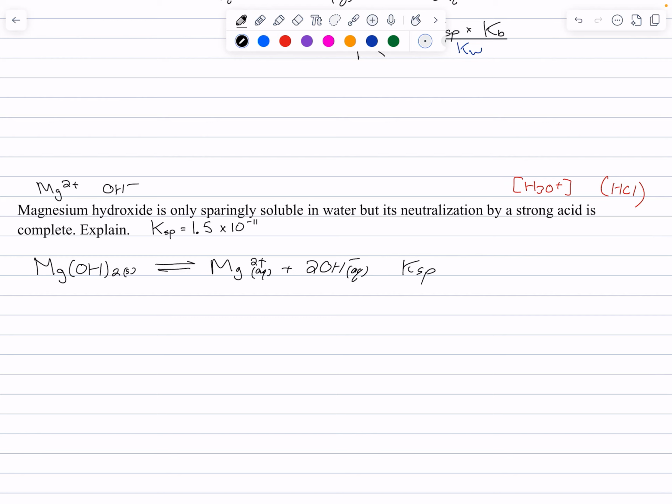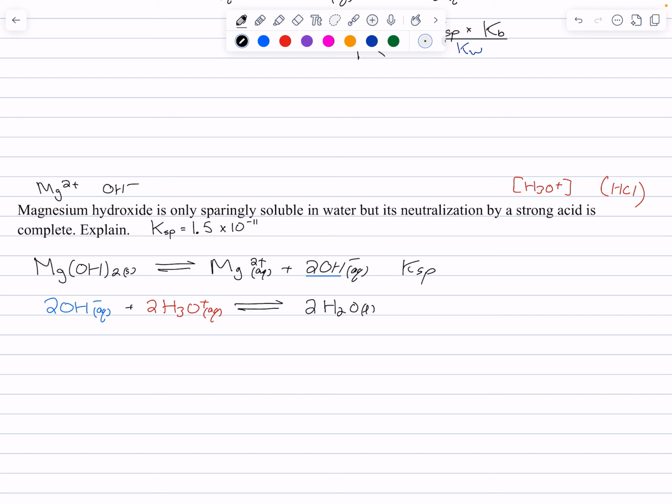To neutralize this, we have 2 hydroxides here, so you would need to have 2 OH minus plus what? Well, it had to be 2 hydroniums. And that's going to give us what? Looks like 2 H2O.